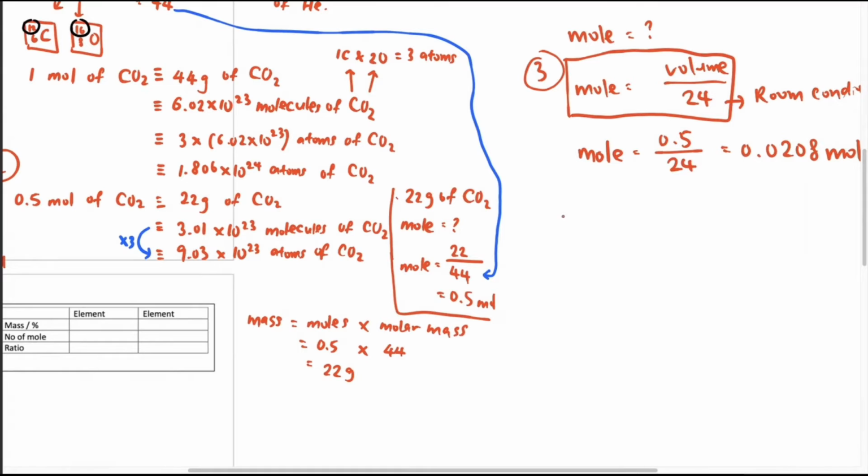Let's say I dissolve 22 gram of magnesium nitrate into water.